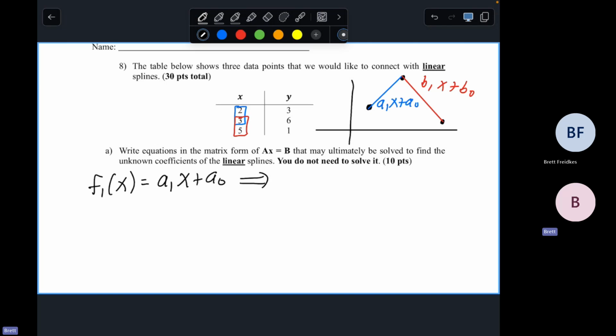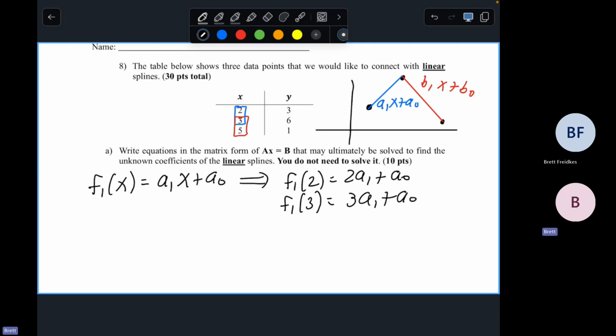We know that spline's valid for x equals 2 and x equals 3. So f1 of 2 is 2a1 plus a naught. f1 of 3 is 3a1 plus a naught.